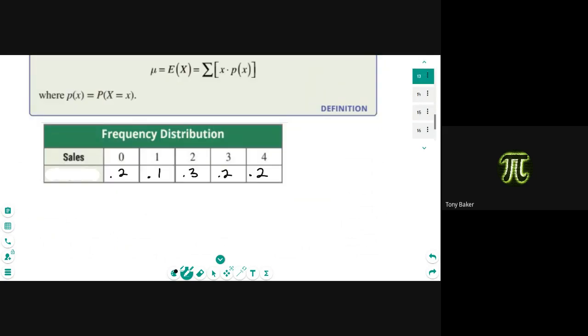So if we're going to take each of these and multiply them together, what's 0 times 0.2? 1 times 0.1? 2 times 0.3? 3 times 0.2? And 4 times 0.8? Or 4.8, yeah. There we go. Add them all together.